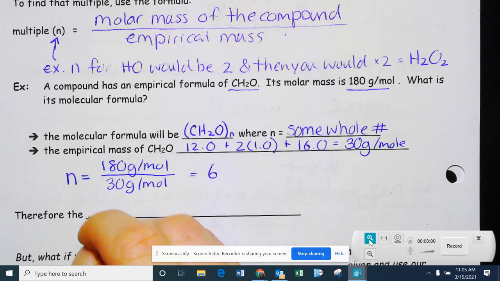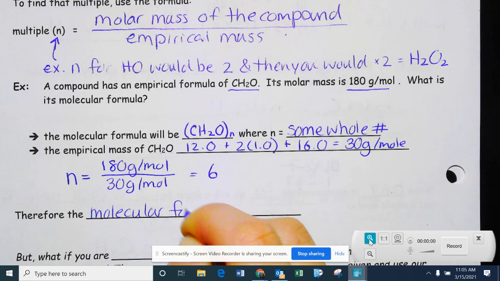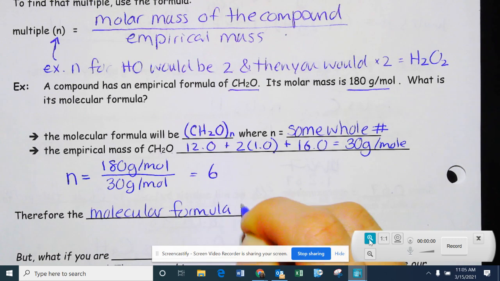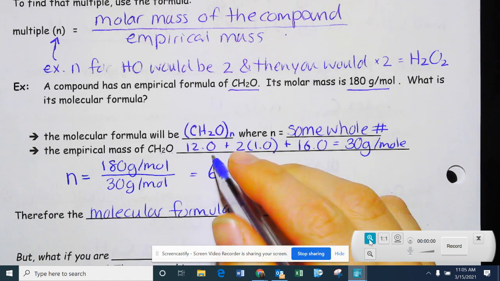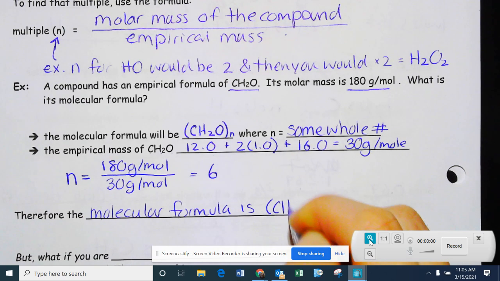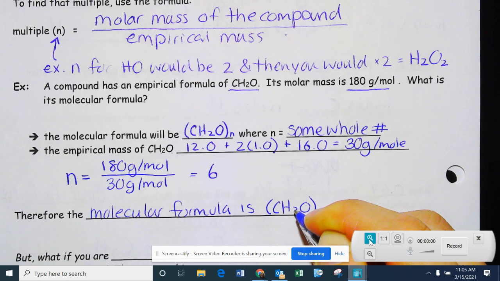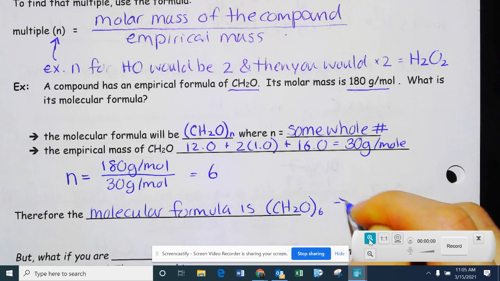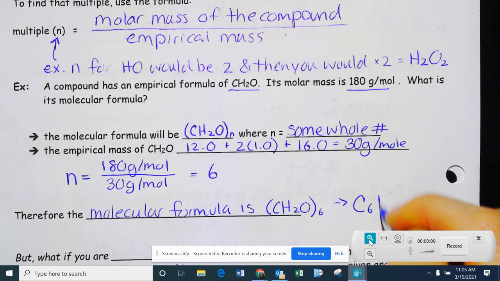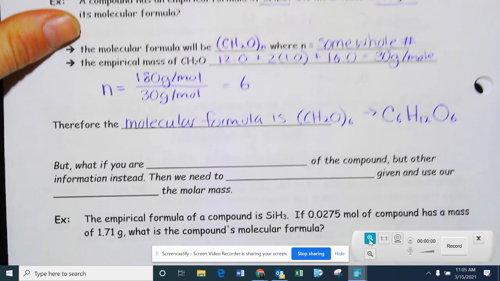So therefore, the molecular formula is, I'm just going to go through the process of getting there. CH2O, my N value is 6. So I'm going to multiply each of these subscripts by 6. And I'm going to get C6H12O6.